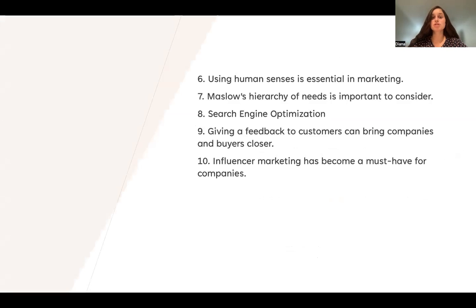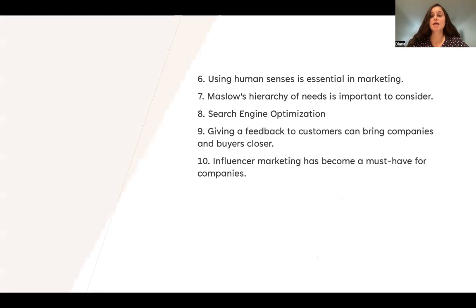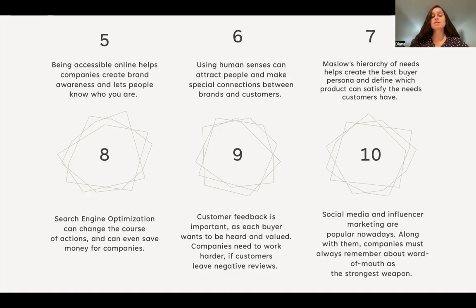Next point will be about search engine optimization, which is really essential, and it's somehow connected also with online presence, and this can change the course of actions for marketers and can save money and time for companies. It can save from unnecessary advertisements, etc. Next point is about giving feedback to customers. When customers have something to say, companies also need to say something.